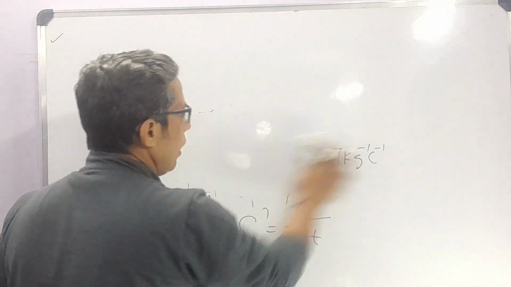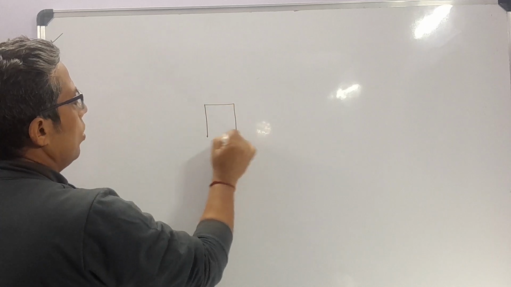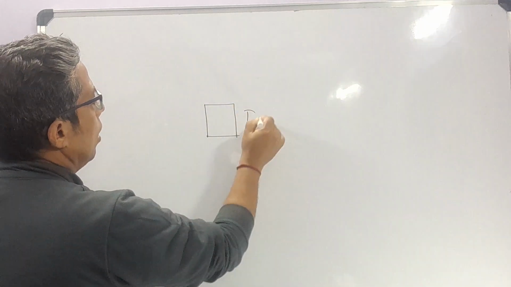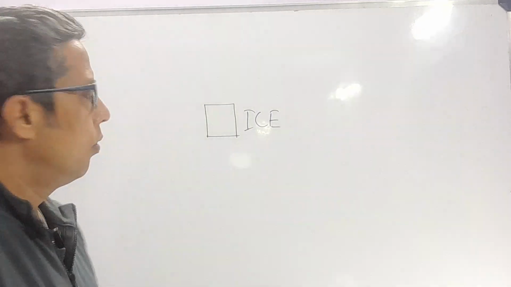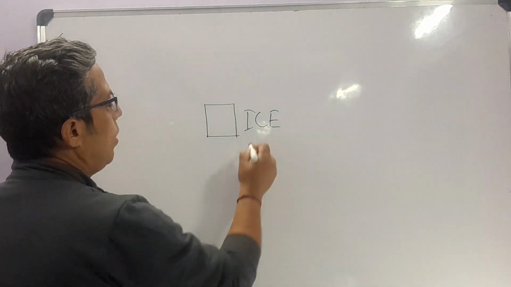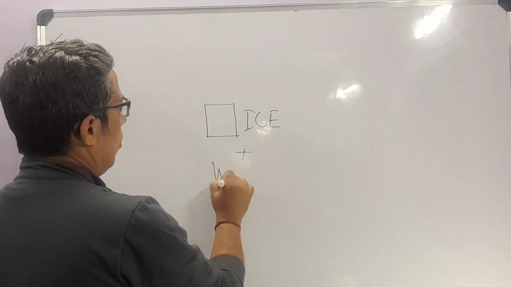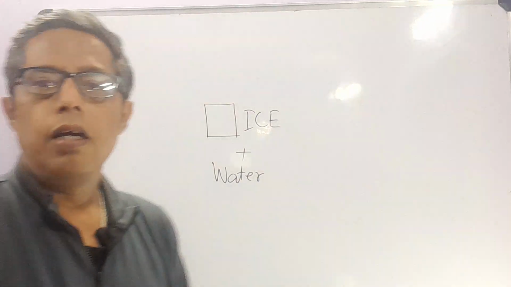Now let's do a derivation. Let's take a real example. I have ice here, and I want to mix this ice with water.